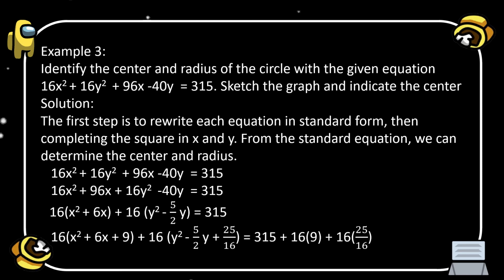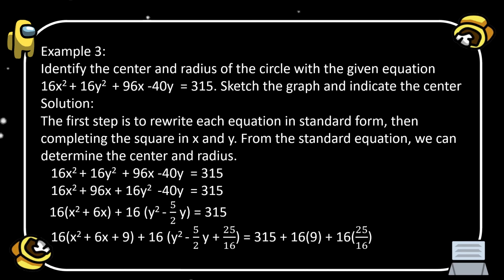Okay, so we have here for the value of y, 16 times y squared minus 5y over 2 plus 25 over 16, because when we are going to use completing the square, which is b over 2a quantity squared, the value of b is 5 over 2, over 2 times 1. So meaning we are going to find the reciprocal of the divisor, from 5 over 2 times 1/2.